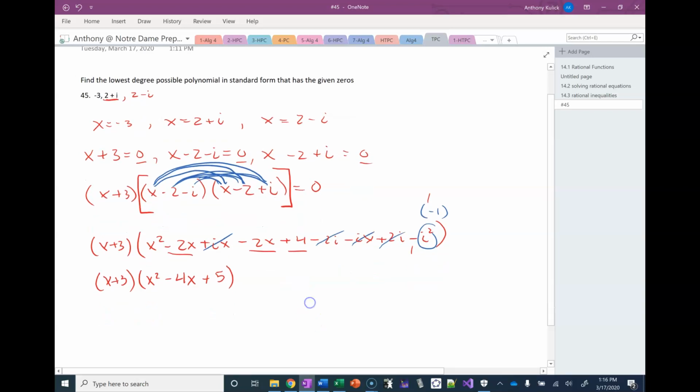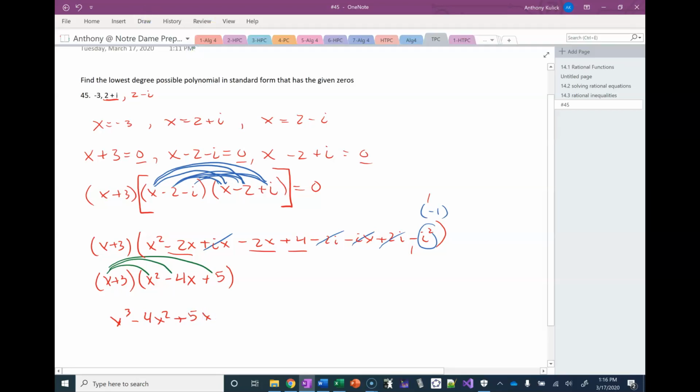Okay, and then my last step is to FOIL these last two. So multiply the x to all 3 of them. That's going to give me x cubed, because I don't need a parenthesis there, minus 4x squared plus 5x.